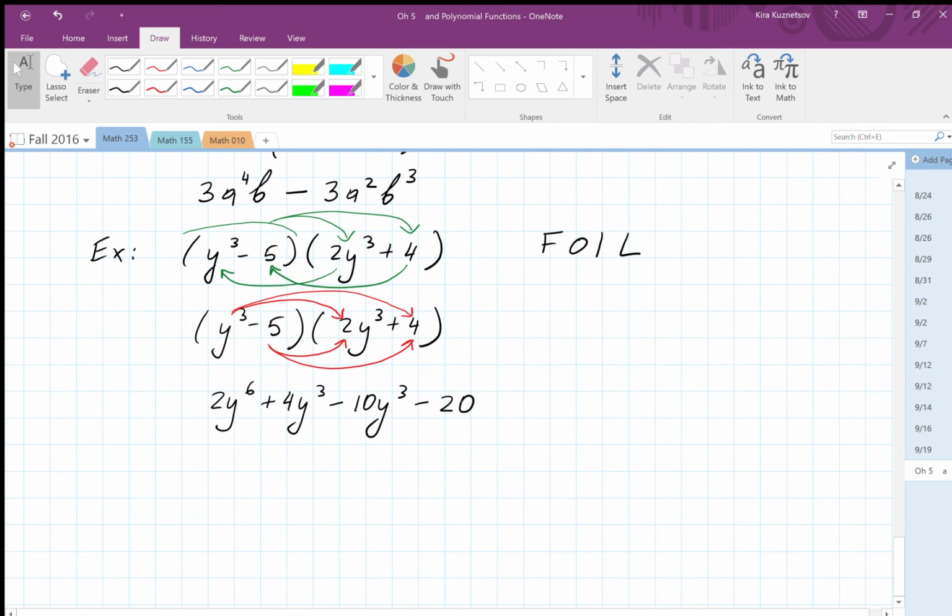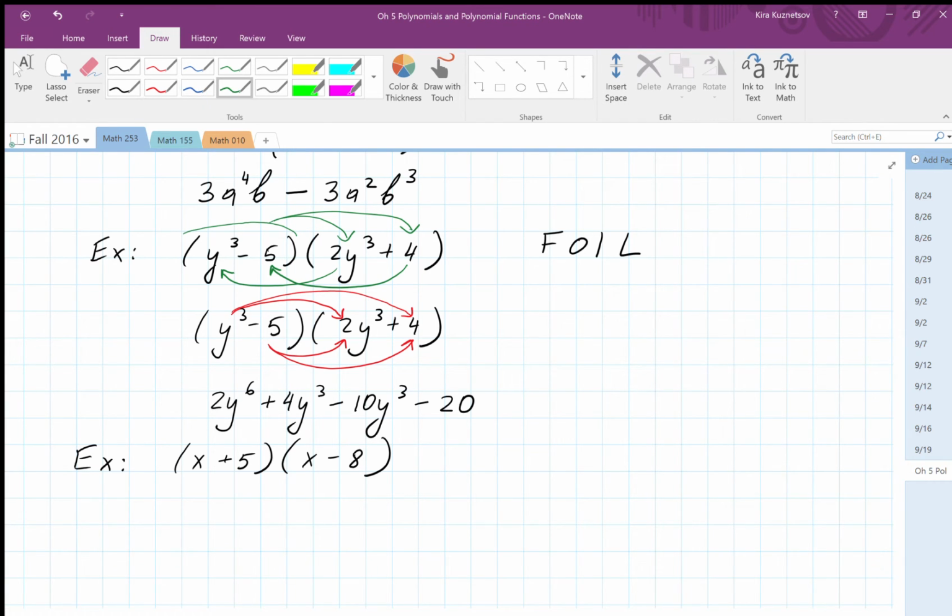Let's try this foiling a couple more times on smaller examples this time. This is our really first step in factoring, because we'll need to rethink foiling back into what the two polynomials that we multiplied originally look like.